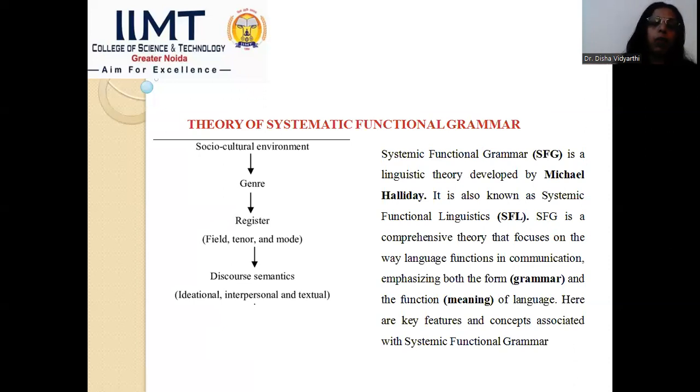It means whenever we are acquiring any language, or conversing or communicating in that language, the socio-cultural environment is very, very important, because as we said, functional grammar is something more than the rules. So apart from being grammatically correct, apart from applying all those set rules, it is also important that one function of language is that you need to communicate effectively.